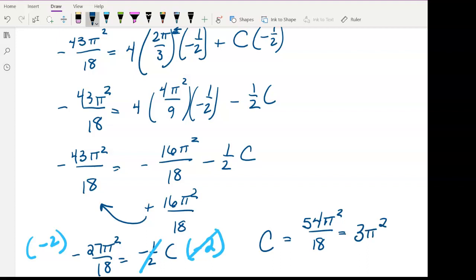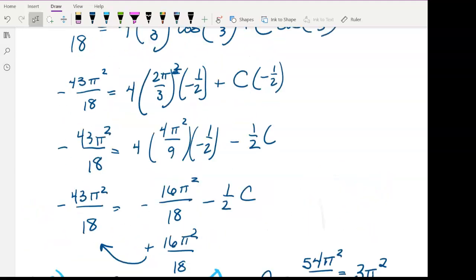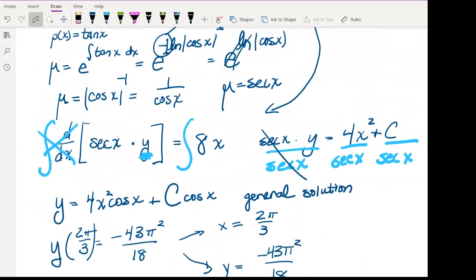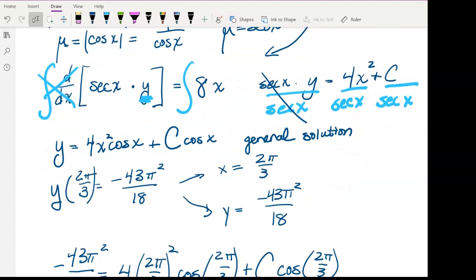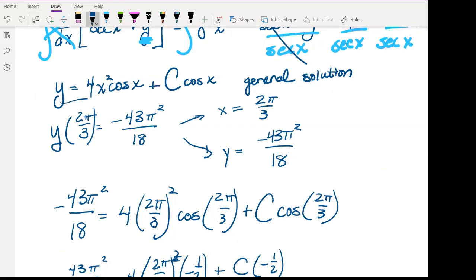Now, I am really excited that we got that because this did not start off looking like a really easy problem, but don't get too excited. That's not our final answer. Remember, we're looking for a particular solution, which is just a general solution with the c value replaced. So we need to write out the entire function y equals from right here and replace the c value, and that's the answer we're looking for.